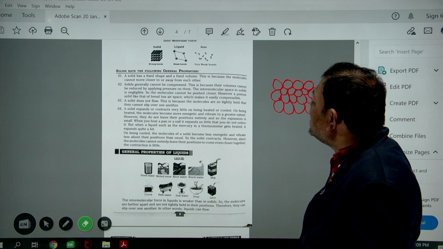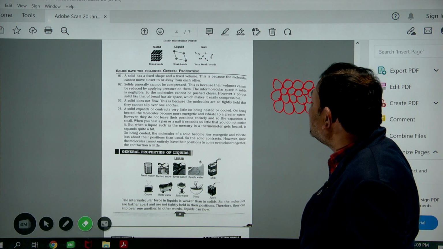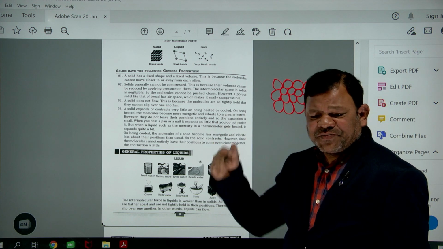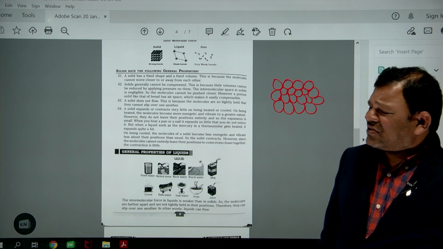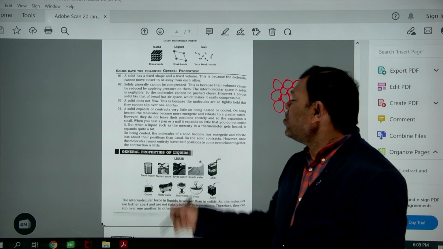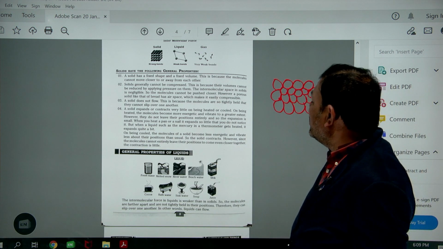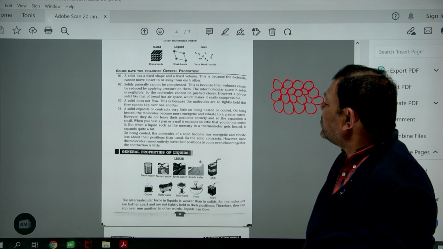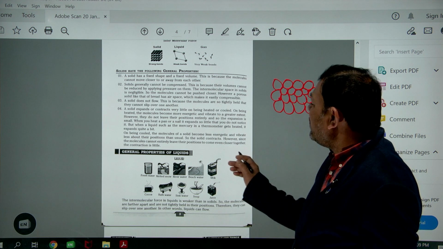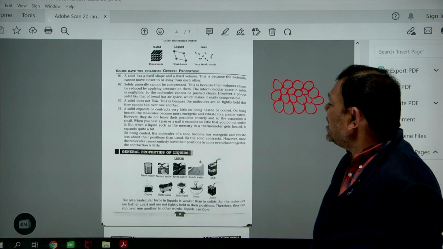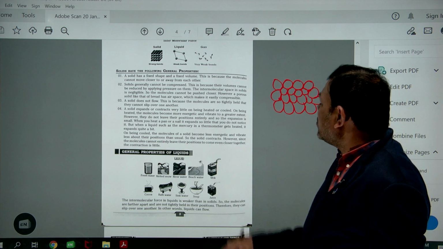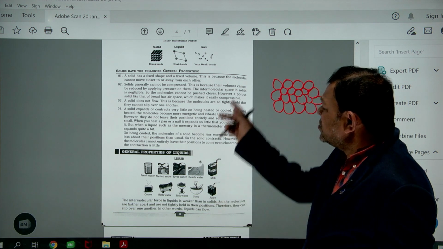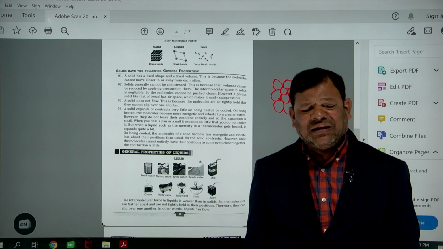But a liquid such as mercury in a thermometer expands quite a bit when heated. That is the difference between solids and liquids. On being cooled, the molecules of a solid become less energetic and vibrate less about their positions. So the solid contracts, but since the molecules cannot leave their positions to come even closer together, the contraction is little. These are the characteristic features of solids.